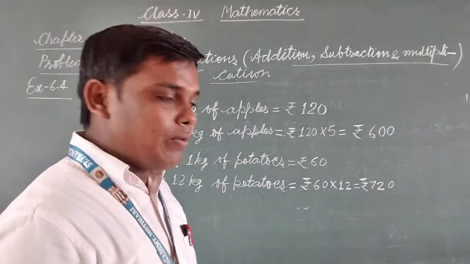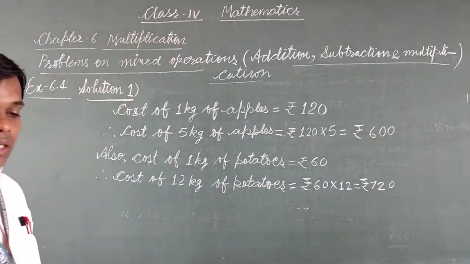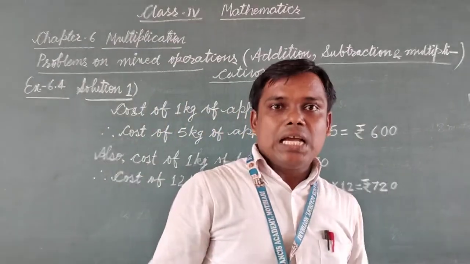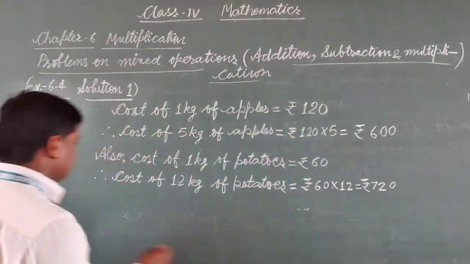Then we will write thus: total cost of 5 kg of apples and 12 kg of potatoes.